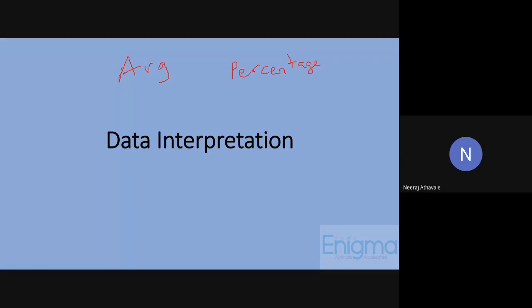Now the most important concept: what is the formula for percentage change? Can you tell me? Change in value upon total value into 100. No, the denominator is wrong. The numerator is correct.